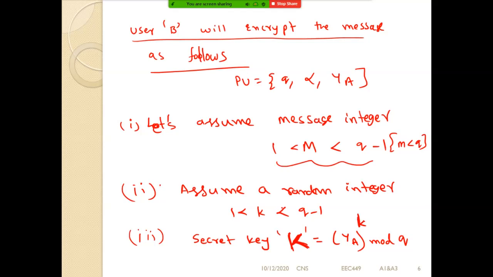So once the secret key is generated, the fourth step is, now the encryption process will start. He will encrypt the message as a pair of integers.